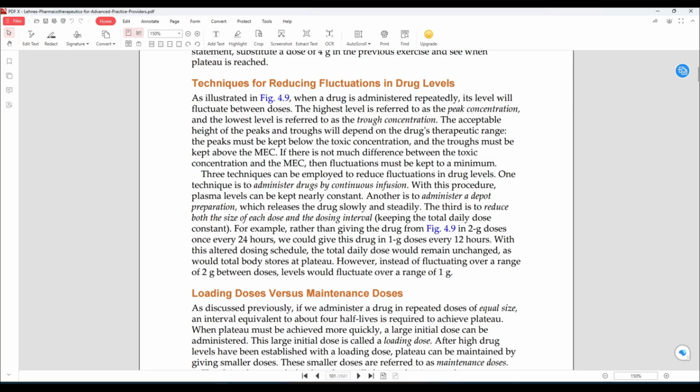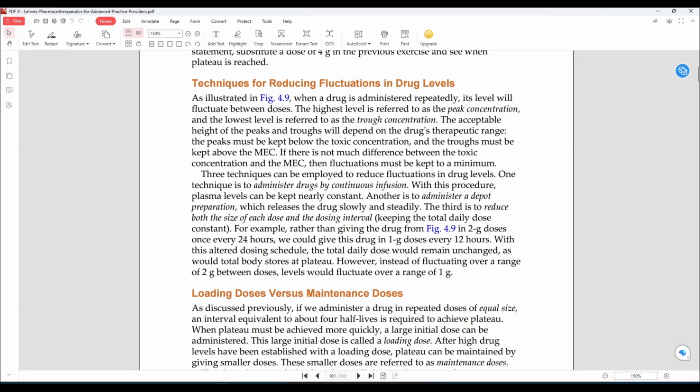The acceptable height of the peak and the trough will depend on the drug's therapeutic range. The peak must be kept below the toxic concentration and the trough must be kept above the MEC. If there is not much difference between the toxic concentration and the MEC, then fluctuations must be kept to a minimum. 3 techniques can be employed to reduce fluctuations in drug levels.